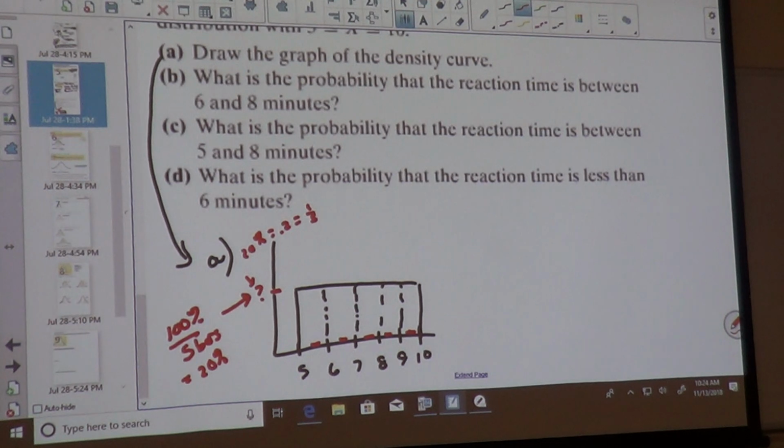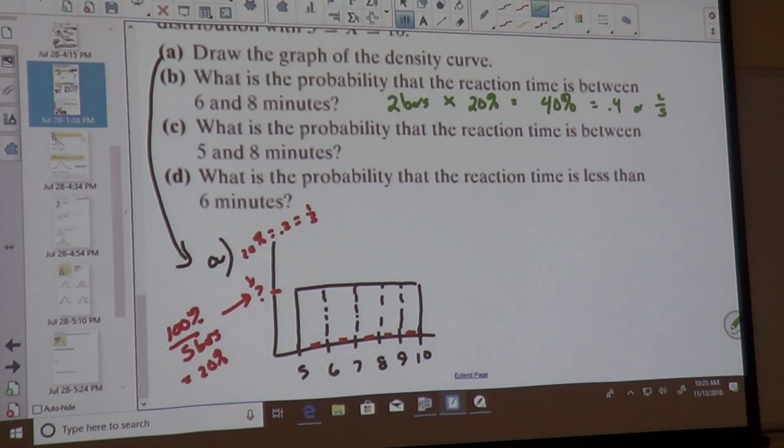If it was 4 bars, we would do 100 divided by 4. If it was 2 bars, it'd be 100 divided by 2. Y'all with me? So, what is the probability between 6 and 8? How many bars? 2 bars times 20%, or 0.4, or 2/5.